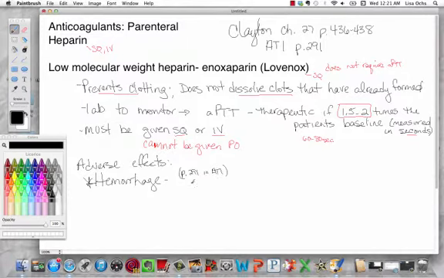Increased heart rate, the patient's going to become tachycardic, along with increased heart rate, decreased blood pressure, bleeding from the gums, bruising, petechiae. Remember, petechiae are little pinpoint bruises. They're little micro bruises in the dermis, in the layers of the skin.